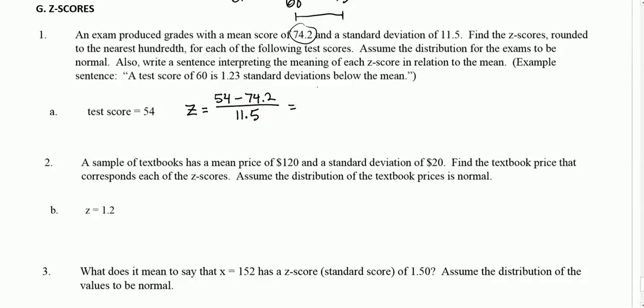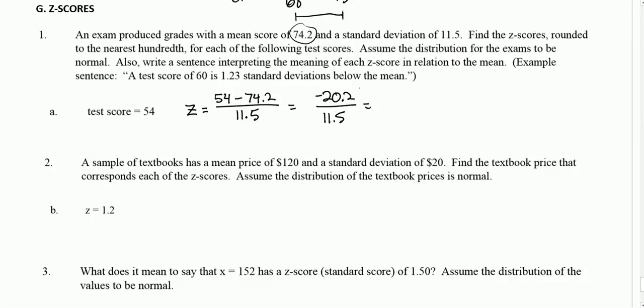So we first subtract in the numerator, so 54 minus 74.2 and get negative 20.2 over 11.5.